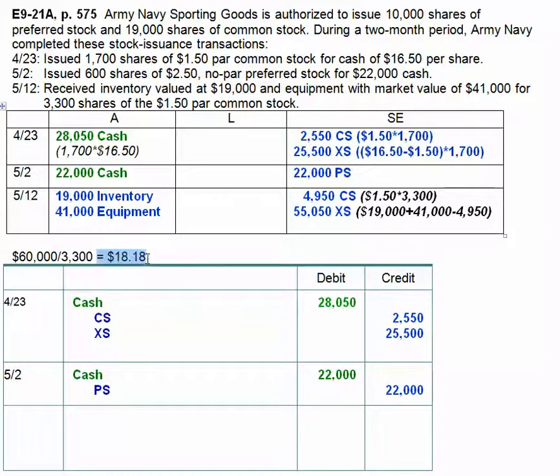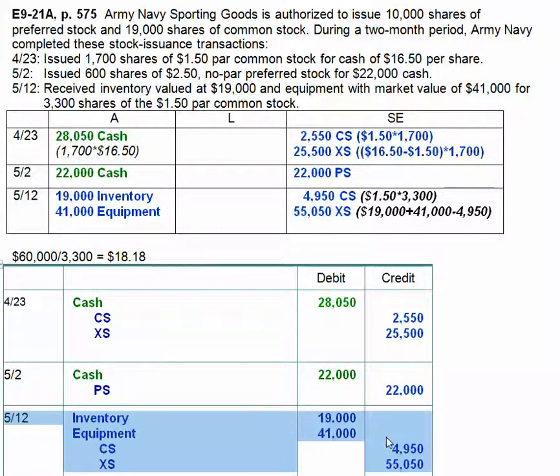So of that $18.18, $1.50 goes in this account. The extra that you got over $1.50 goes in the excess account. So as far as the entry goes, you're going to debit what you got, which is both the inventory and equipment, and credit these shares that you issued. So it'd look like this. Instead of getting cash, we have another asset or two other assets in exchange for stock.